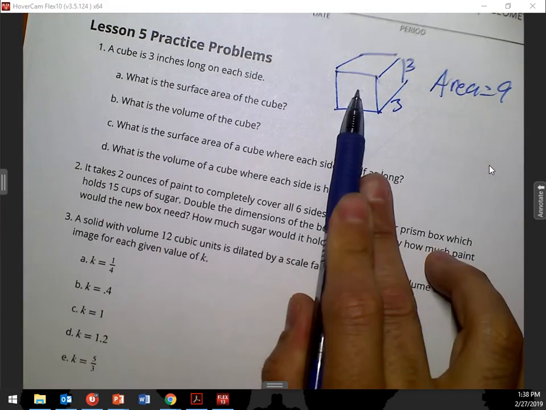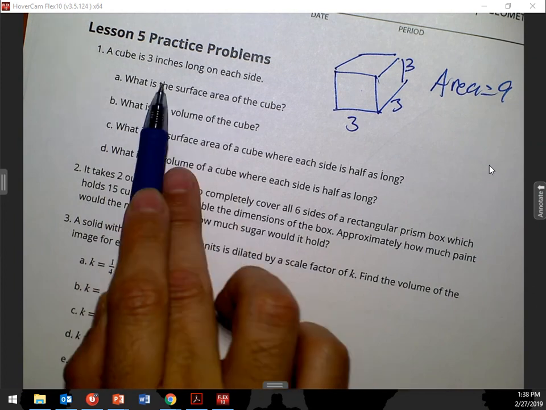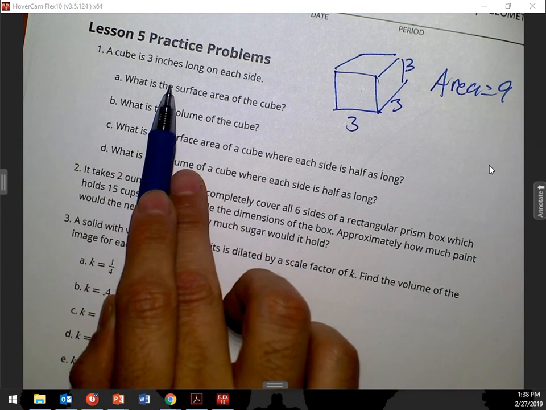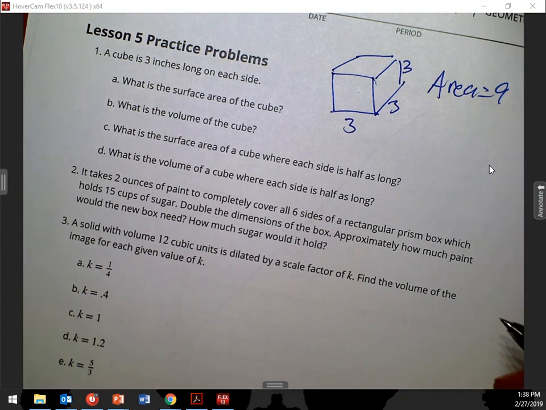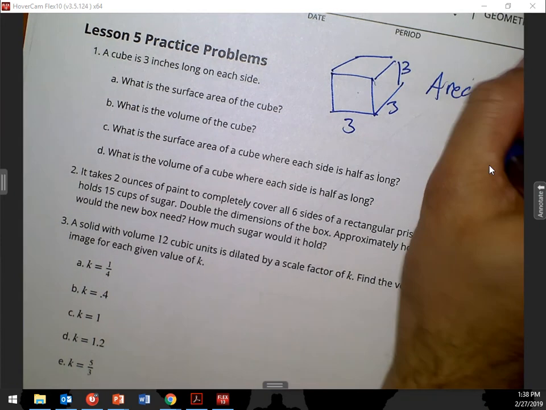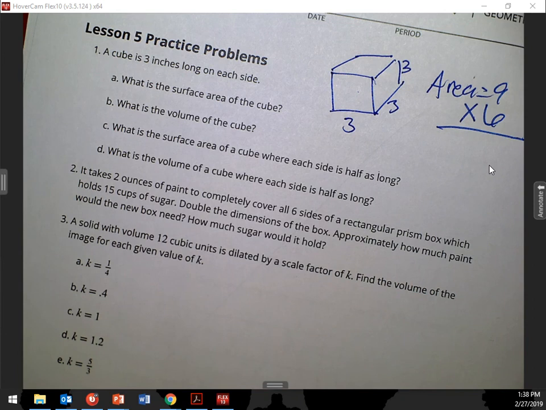Obviously. Now, that's the surface area of that square. It's not asking for volume yet. How many sides does a cube have? 6. Yeah. Sorry. It's going to be 9 on each side, right?